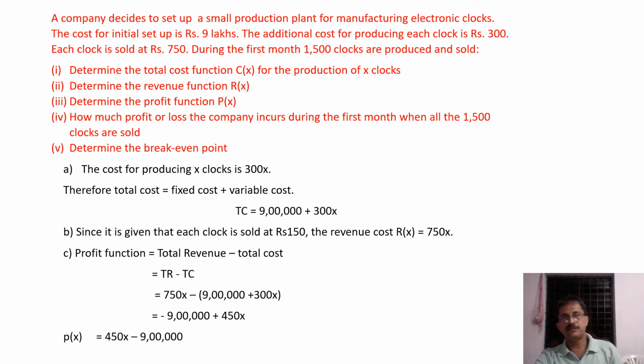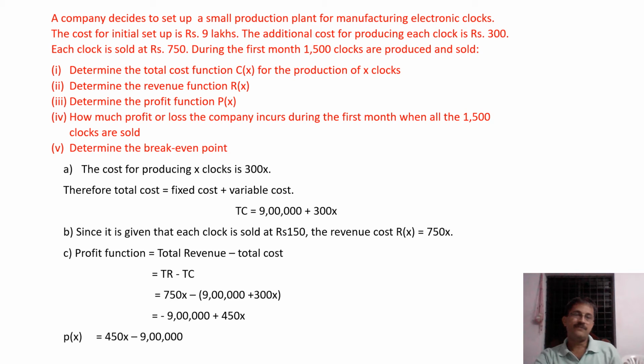During the first month, 1500 clocks are produced and sold. Now, determine the total cost function for the production of X clocks. Determine the revenue function R of X. Determine the profit function P of X. How much profit or loss the company incurs during the first month when all the 1500 clocks are sold. Determine the break even point.